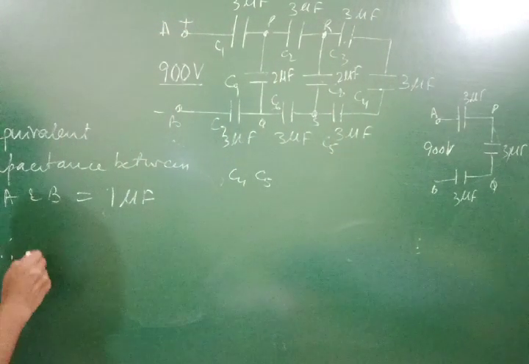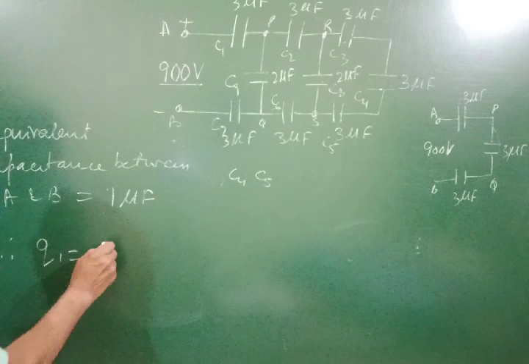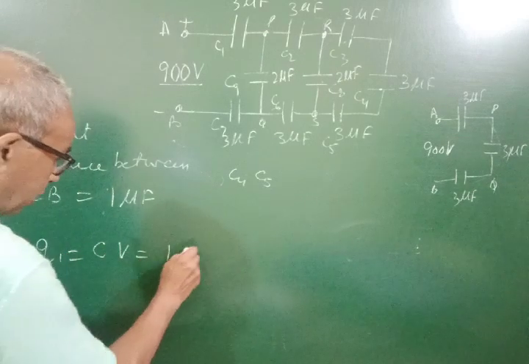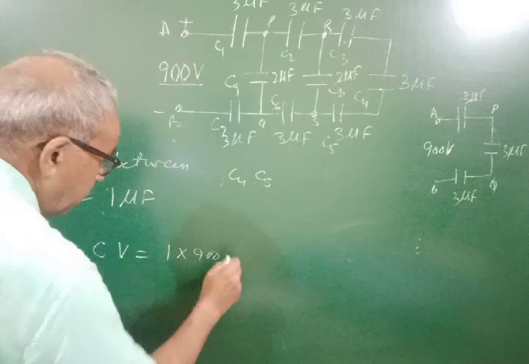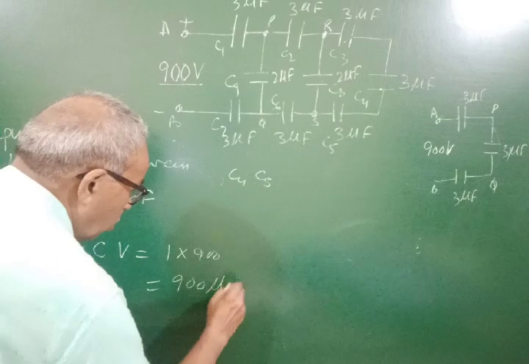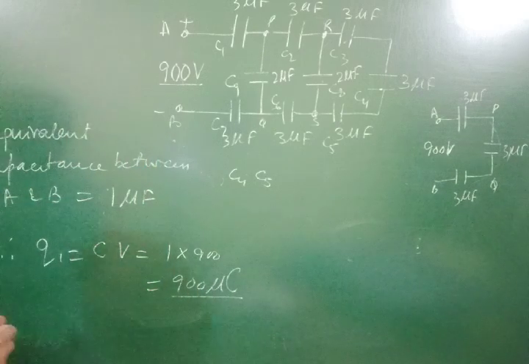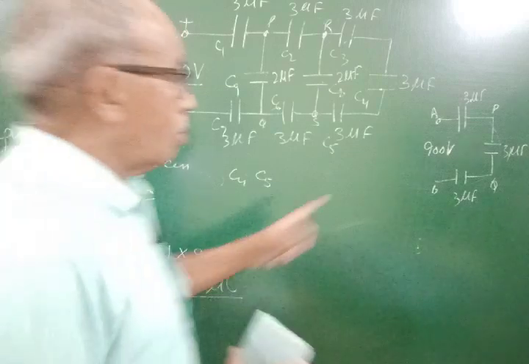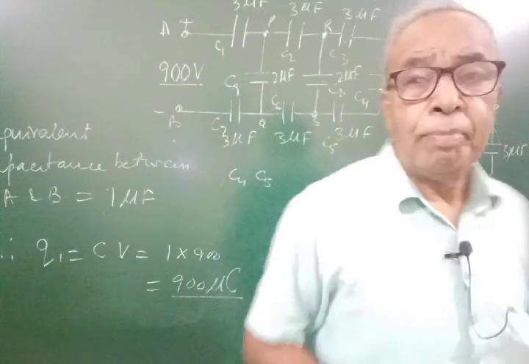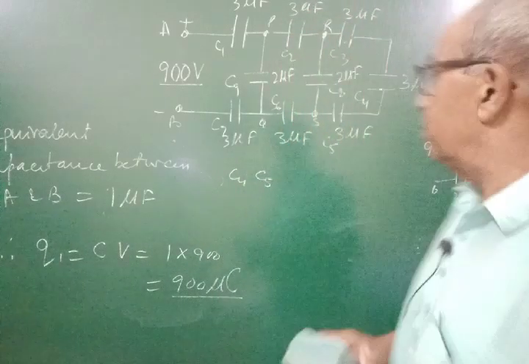So Q is equal to CV, 1 into 900, यानी कि 900 microcoulomb. This microcoulomb is here 900, 900, 900, because in series charge is the same.